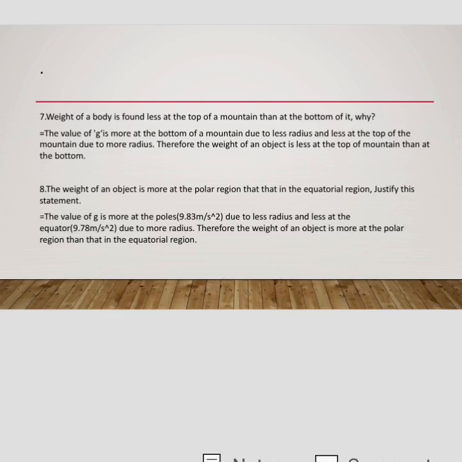The value of g is more at the poles, that is 9.83 meter per second square, due to less radius, and the value of g is less at the equator, that is 9.78 meter per second square, due to more radius. Therefore, the weight of an object is more at the polar region than in the equatorial region.